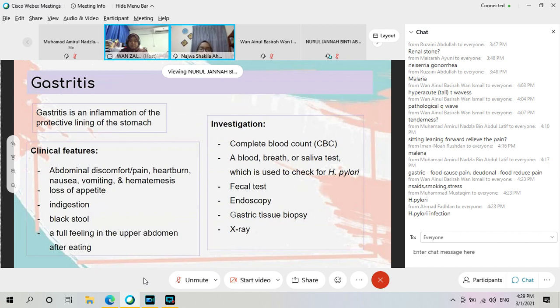For investigation, we can do the complete blood count, and then we can also do the blood, breath, and saliva test, which is used to check for Helicobacter pylori, and then fecal test to check for the stool, and endoscopy, the gastric tissue biopsy, and X-ray.